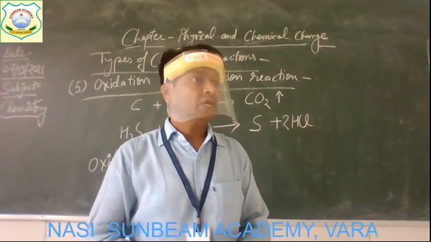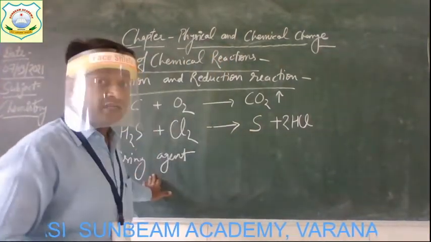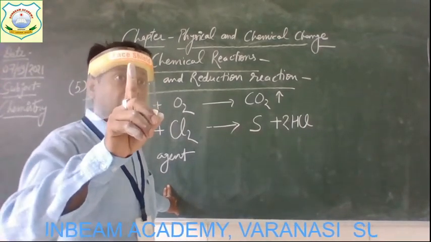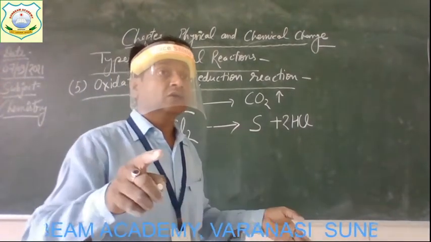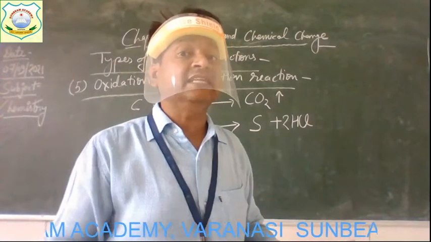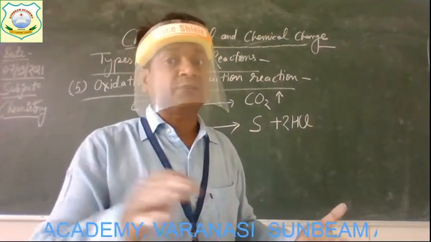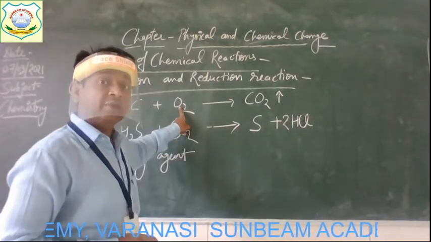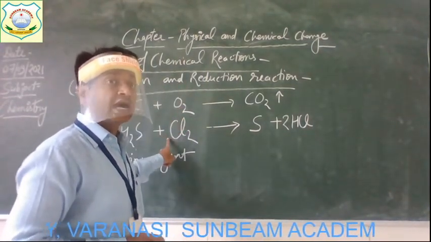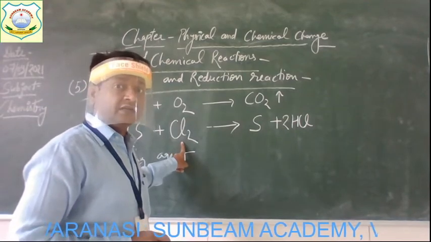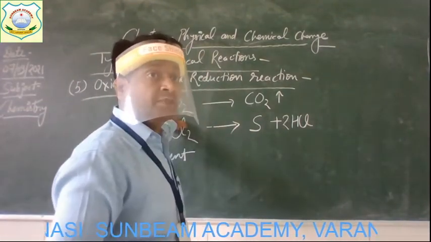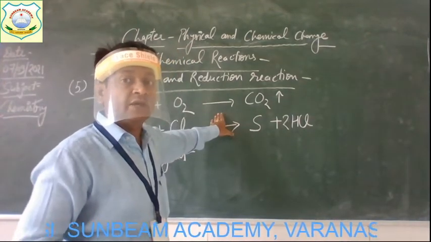them. So what is an oxidizing agent? It is any substance that oxidizes another substance, either by providing oxygen or by removing hydrogen from them. In the first reaction, carbon plus oxygen forms carbon dioxide.